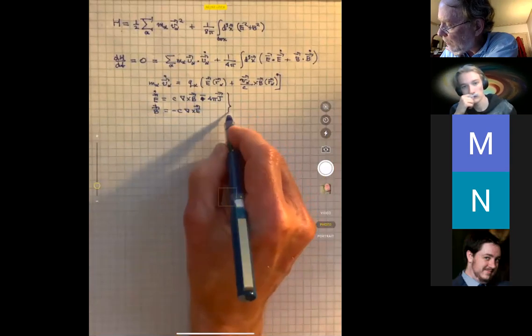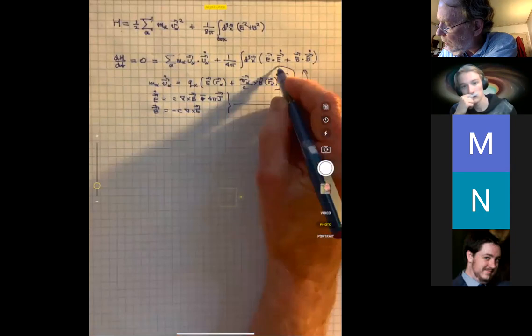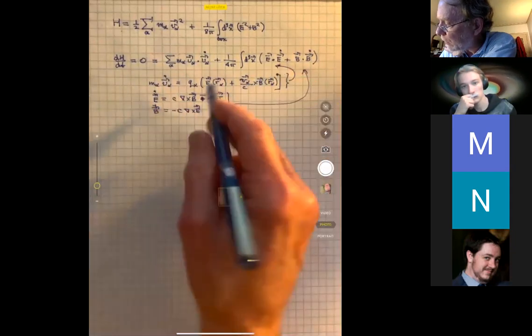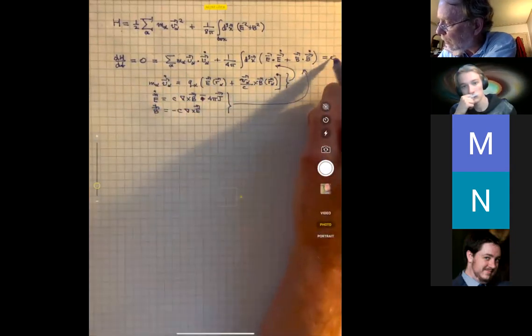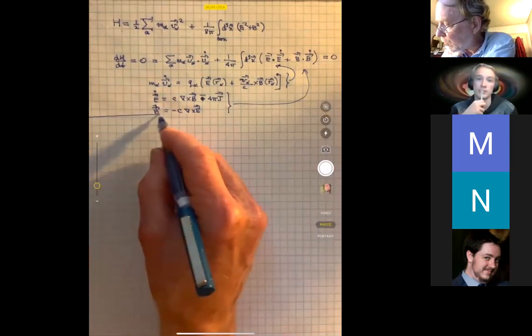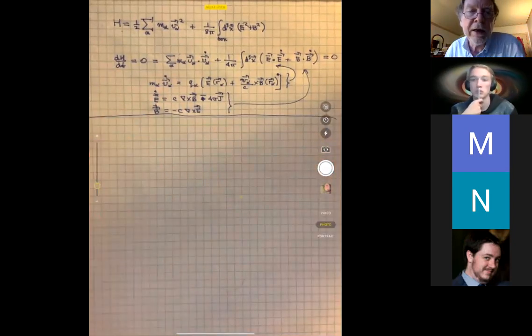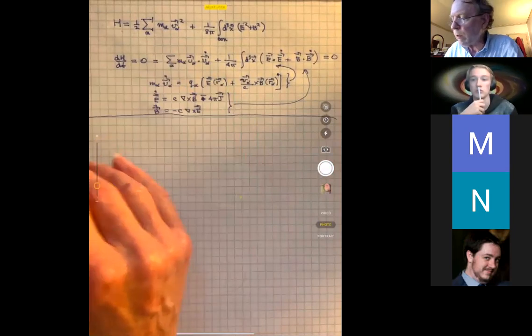And if we take these equations of motion for the matter and the field, and we plug them in to this expression here for dH/dt, and then just run through the algebra, lo and behold, when the smoke clears, the answer is 0. You can check that for yourself. But this is just a direct verification that this is indeed a constant of motion. Doesn't prove it's the energy, but other considerations show that it is.